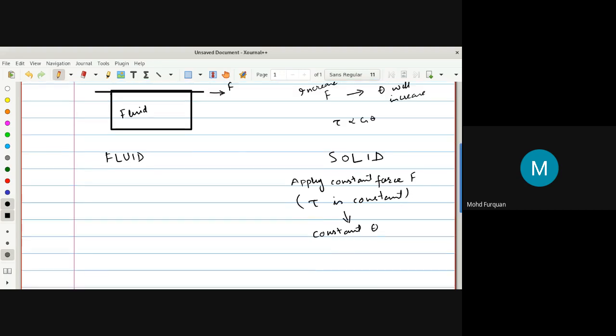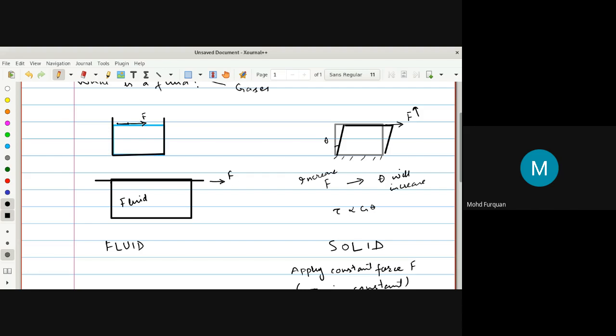So in solid, when you apply this force, it will deform by angle theta. But if you keep that force constant at F, this theta will not change. Once you apply the force, the solid deforms and remains there as long as the force is there. If you remove the force, it will come back.